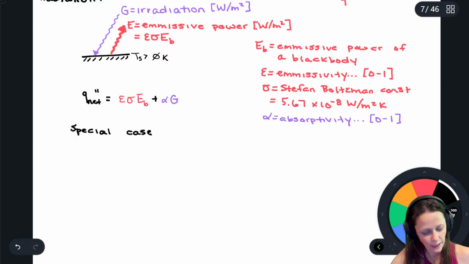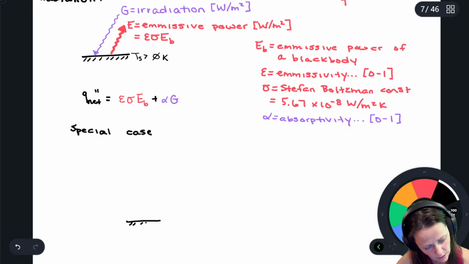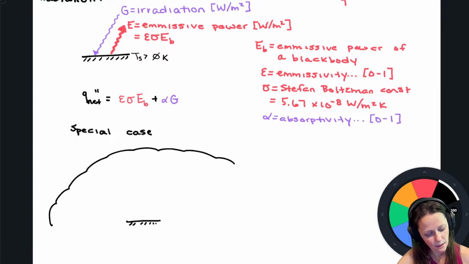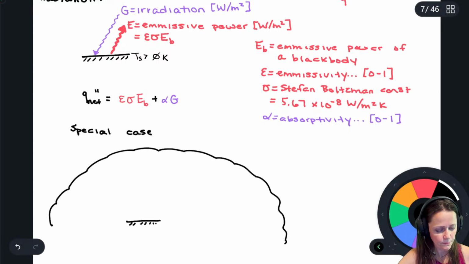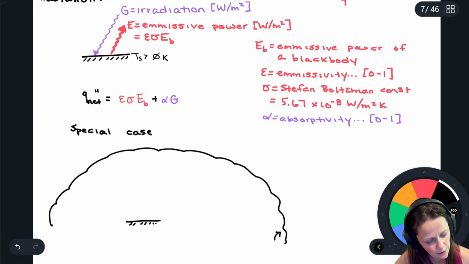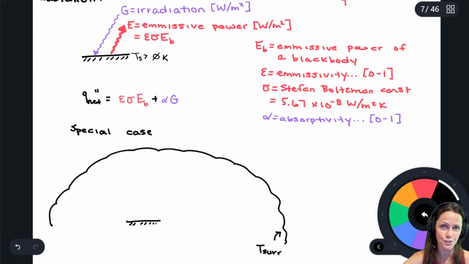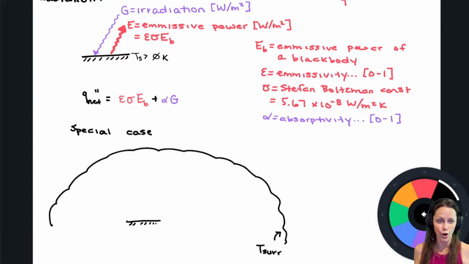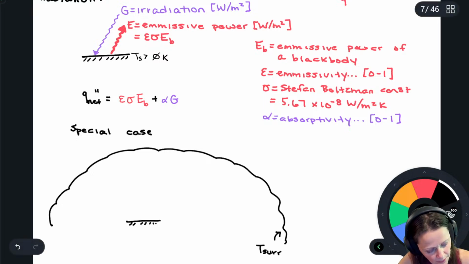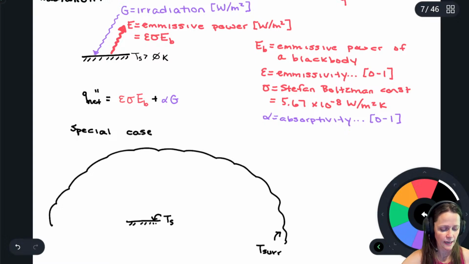So our special case is that we've got our surface, and it's surrounded by a large enclosure. That enclosure is at some temperature T_SURR. SURR is surroundings, but it's the surface temperature of the enclosure. This surface is at some temperature TS.